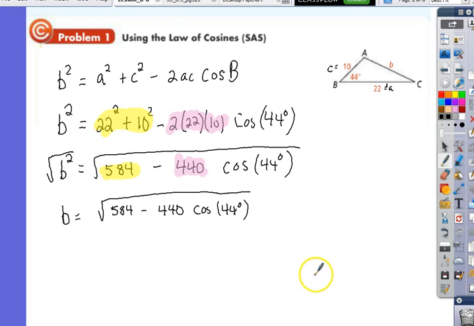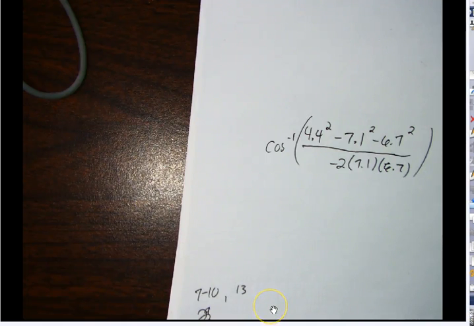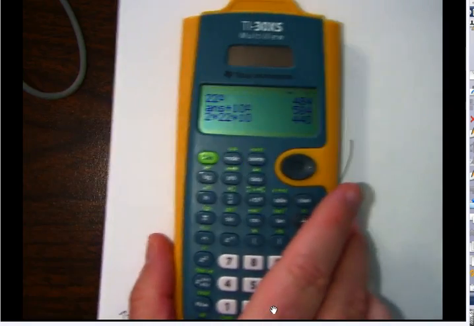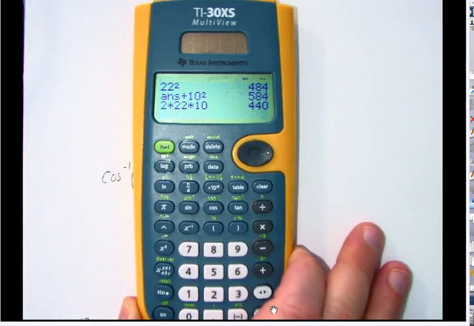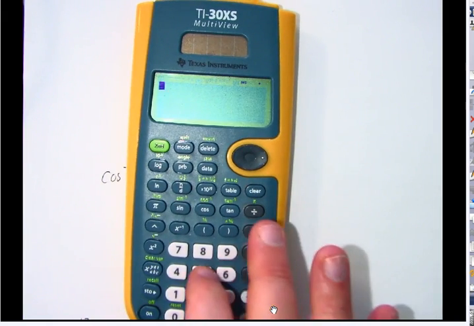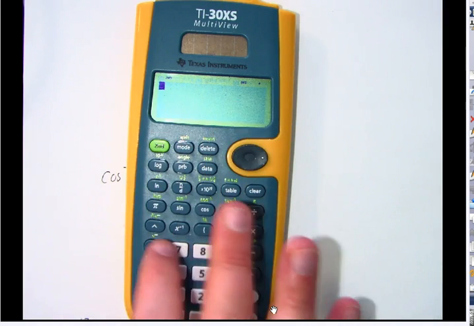So let me show you how I would punch all of that into my calculator. Can you see the calculator pretty good? All right. So into my calculator, I would put in the square root.